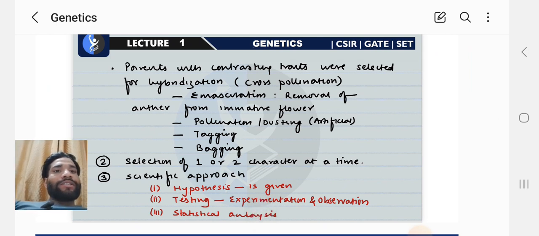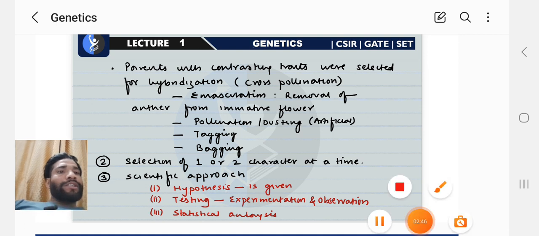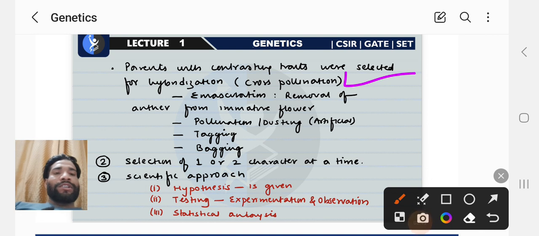The parents with contrasting traits were selected for hybridization, that is cross pollination. We can easily cross pollinate these plants.